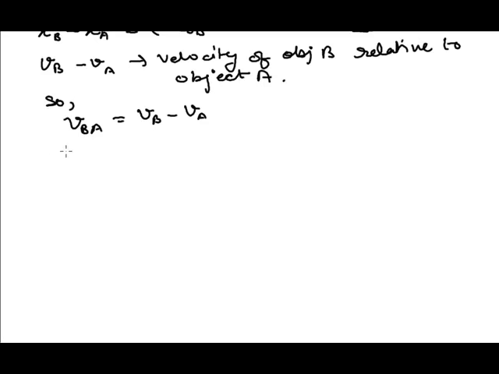Now, similarly, we can write the velocity of object A with respect to object B. That is, VAB is equal to VA minus VB.